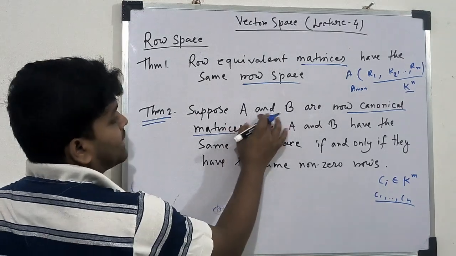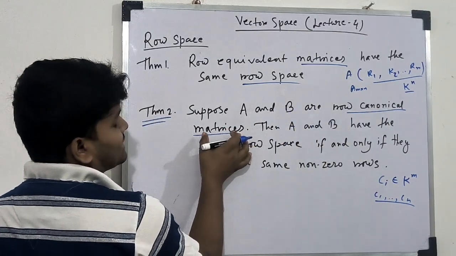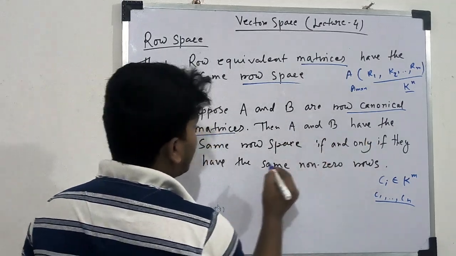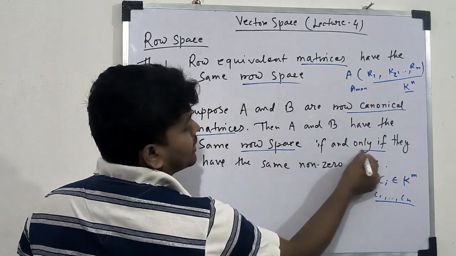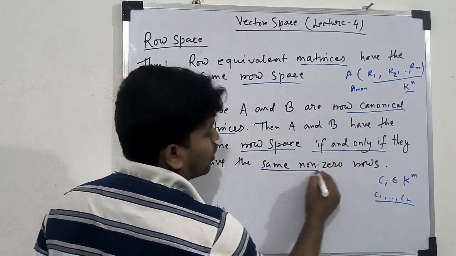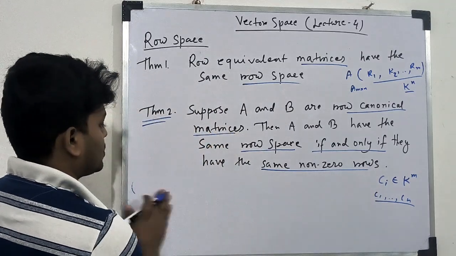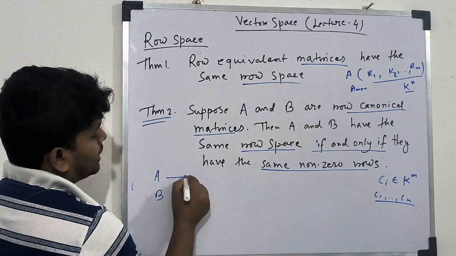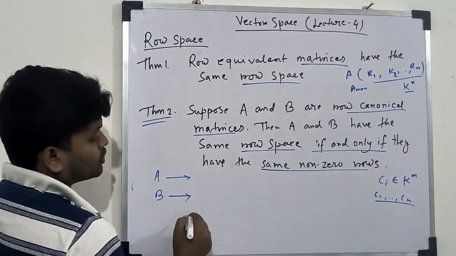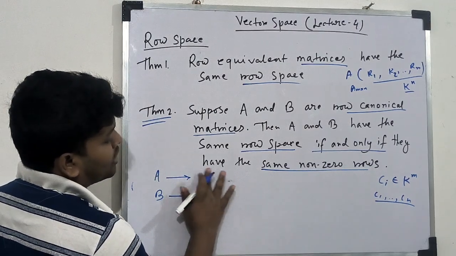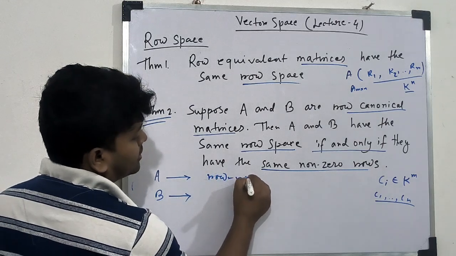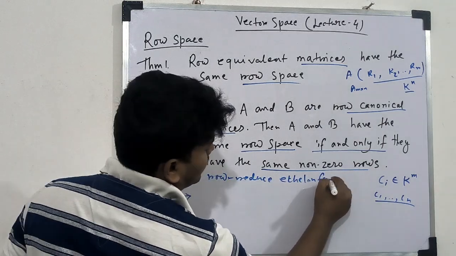So if these two matrices are row canonical matrices, that is, in row reduced echelon form, then A and B have the same row space if and only if they have the same non-zero rows. So if you are given two matrices A and B, first reduce them to canonical form, which means row reduced echelon form.